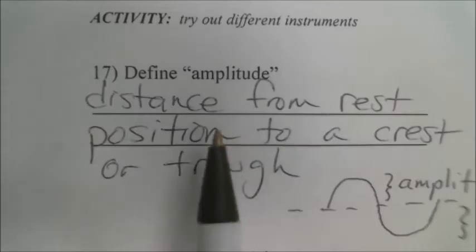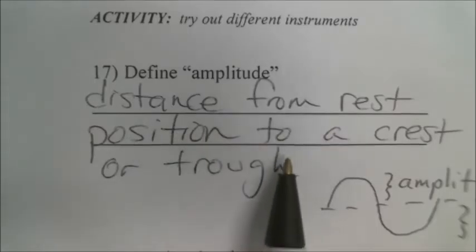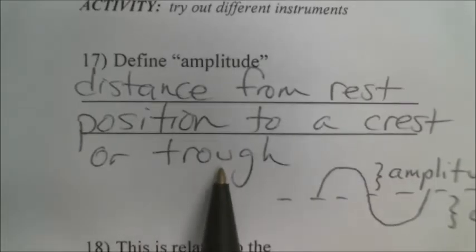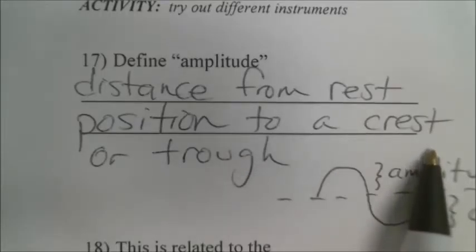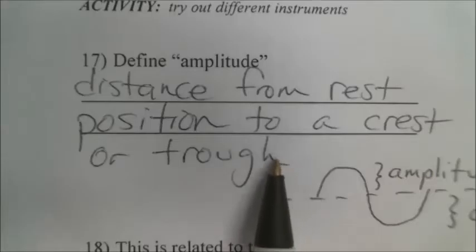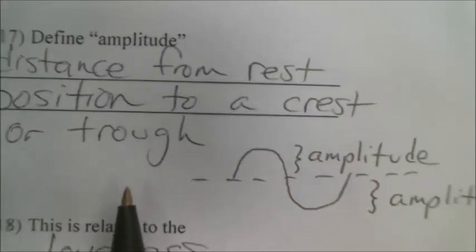Number 17. Define amplitude. Amplitude is the distance from the rest position to a crest or a trough. In other words, how far does the air molecule vibrate from its rest position to an area of compression, or from its rest position to an area of rarefaction.